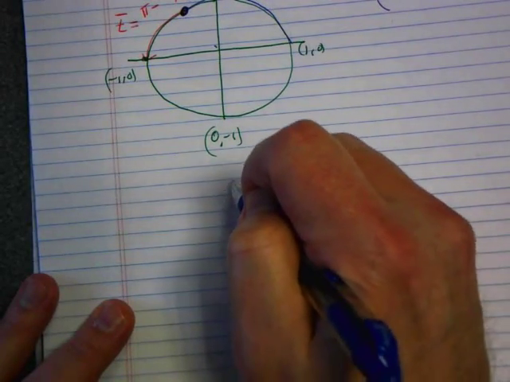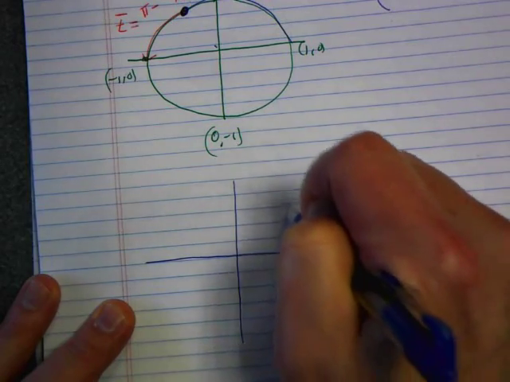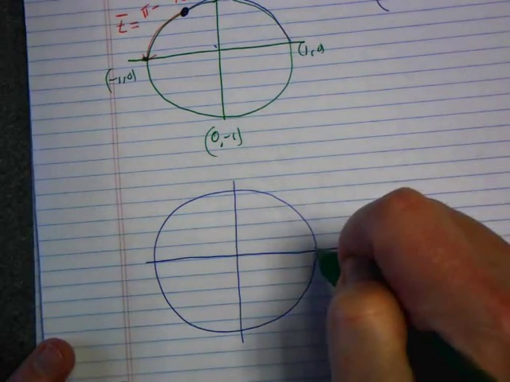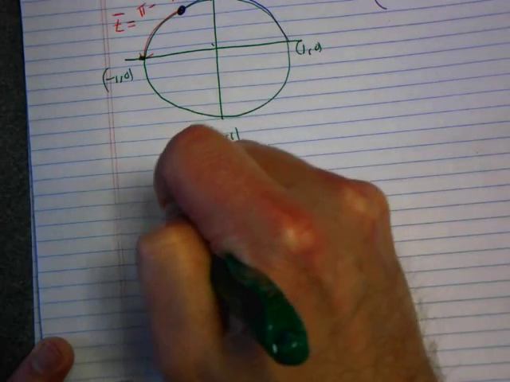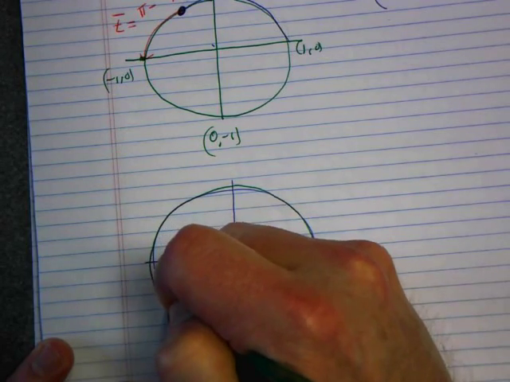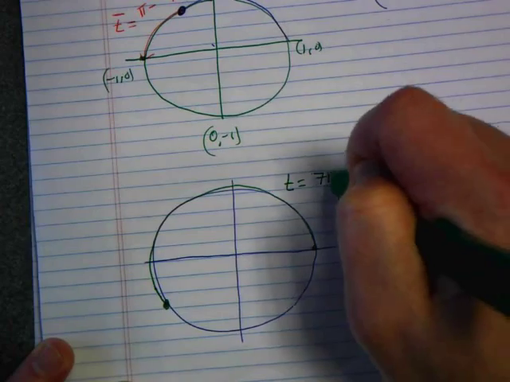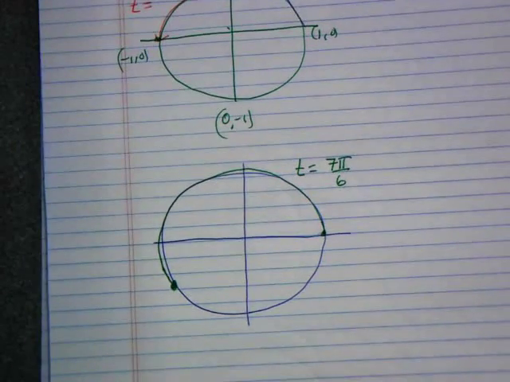All right, so let me draw another one for you. This time, my original arc is going to be in quadrant number 3. It's going to be right here. And that arc length happens to be 7 pi over 6.